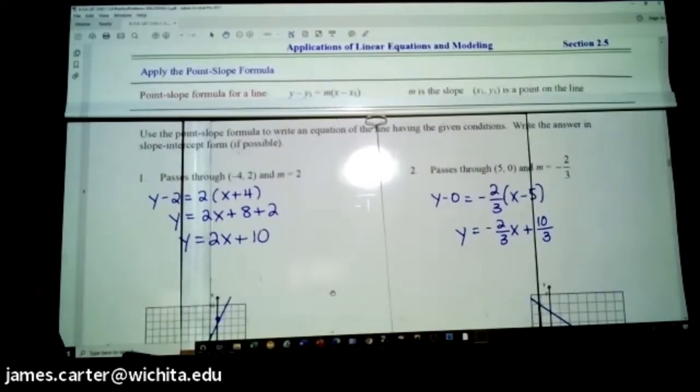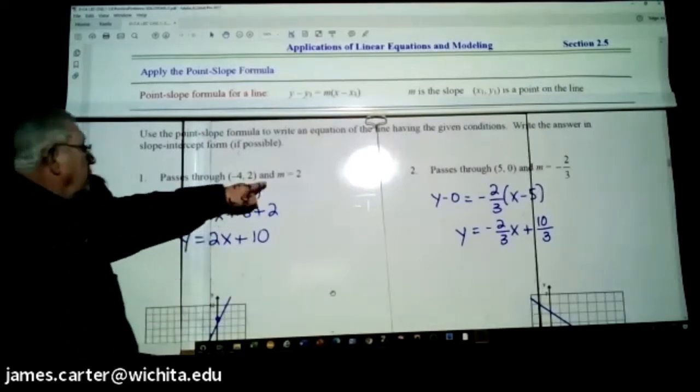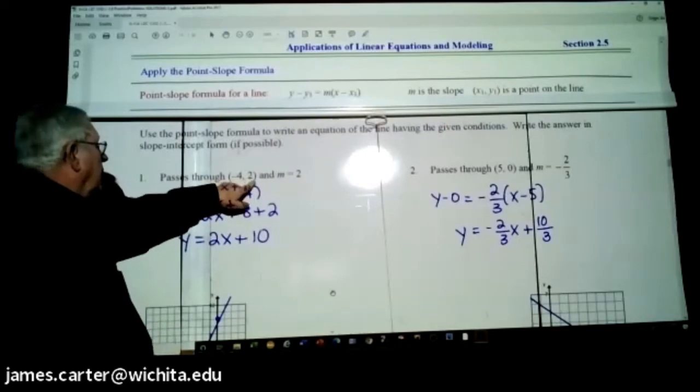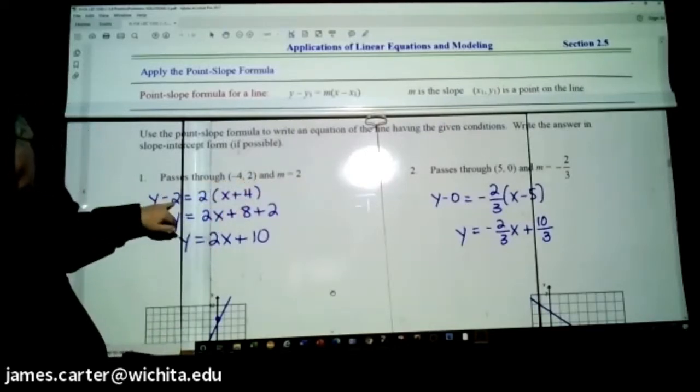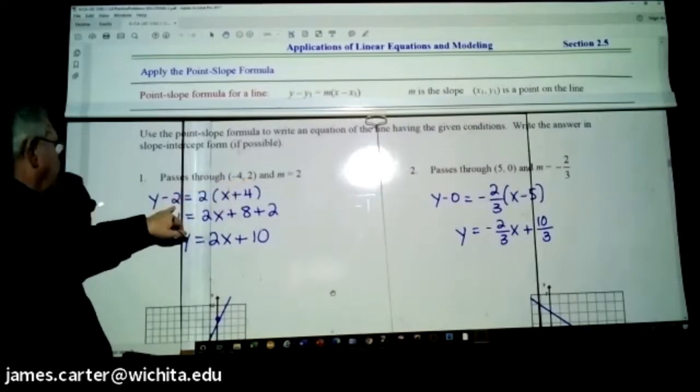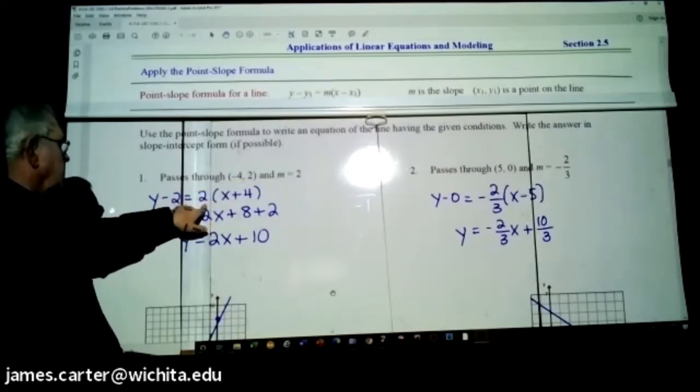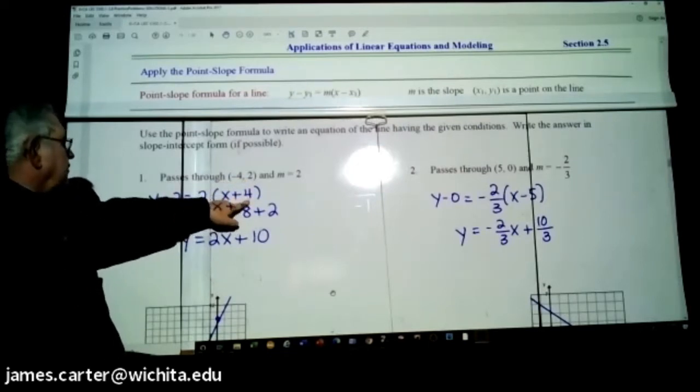Here we're using the point-slope formula some more. They tell you that the slope is 2 and it passes through this point right here: the y value, the slope, the x value.